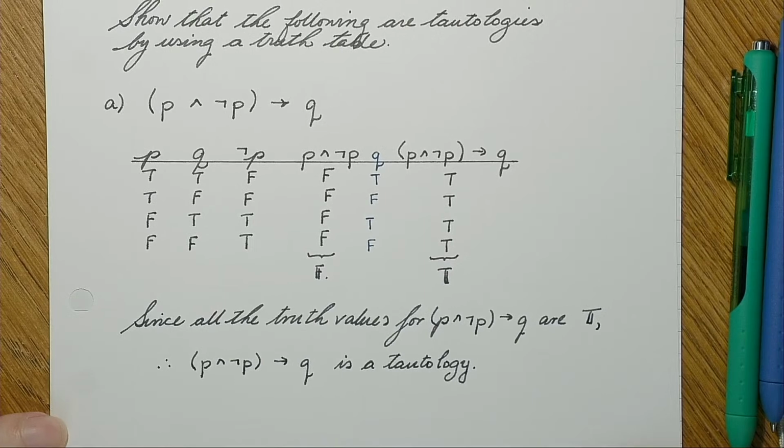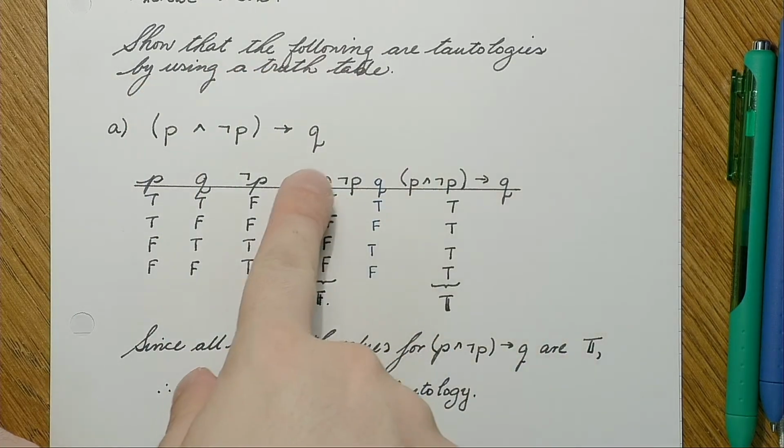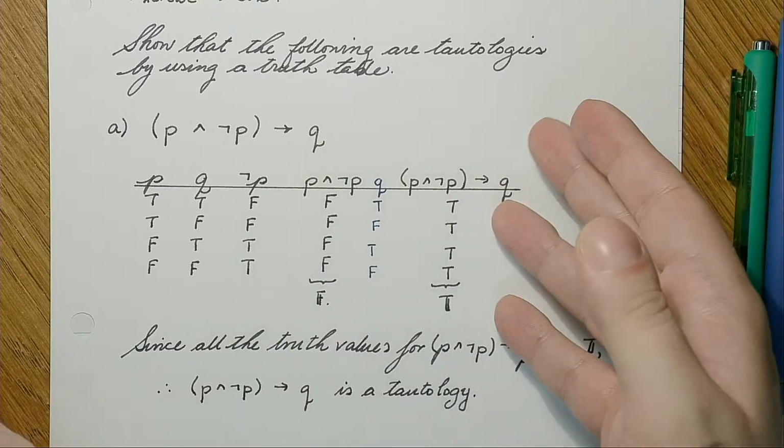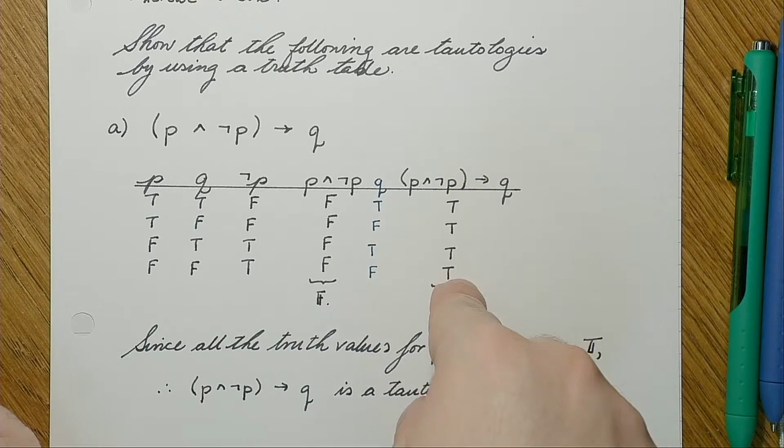So that's kind of the nice thing. When you get a question like this, say on a test or something, where it says show that something is a tautology, immediately you should be expecting that all the final truth values should be all T's.